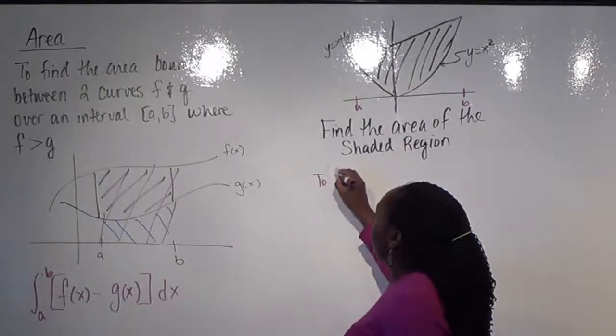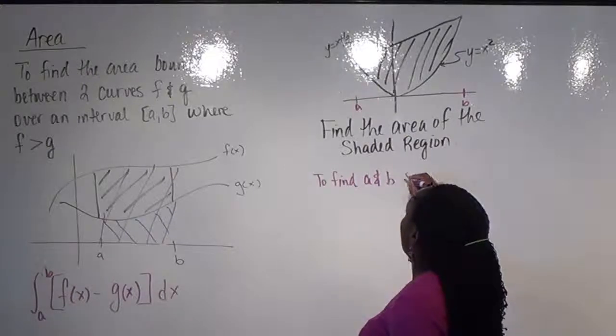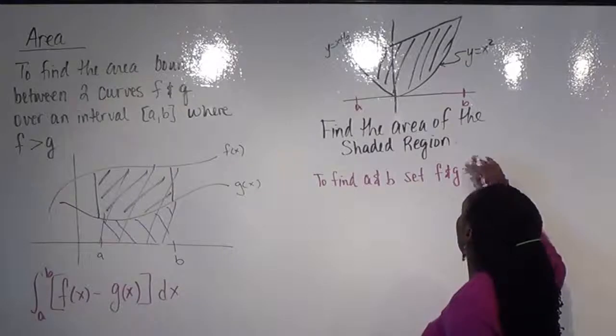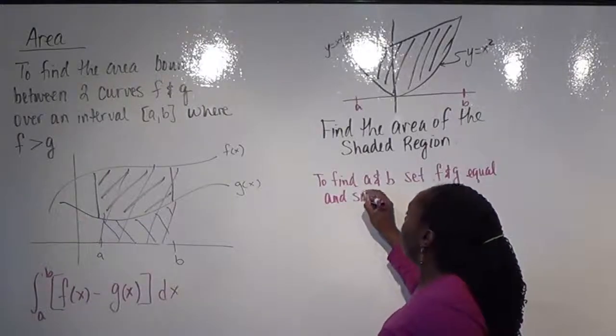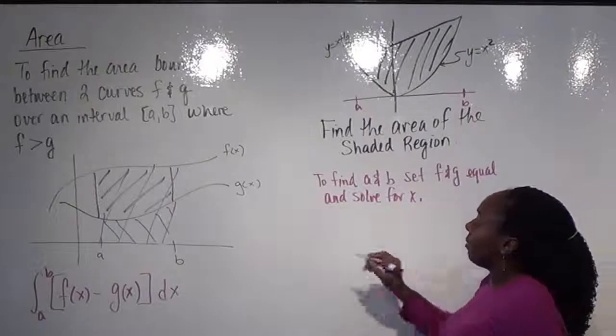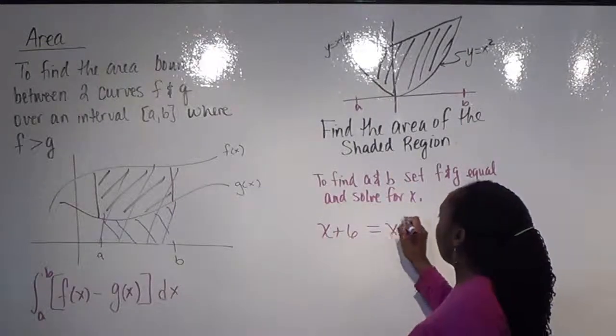So to find a and b, I'm going to set the curves f and g equal to each other and solve for x. Okay? So in this case, x plus 6 will have to equal x squared.